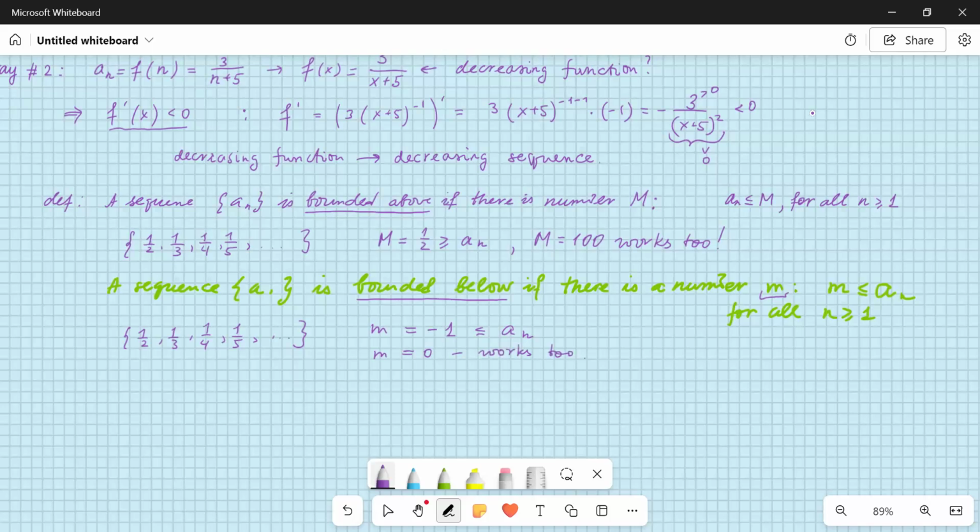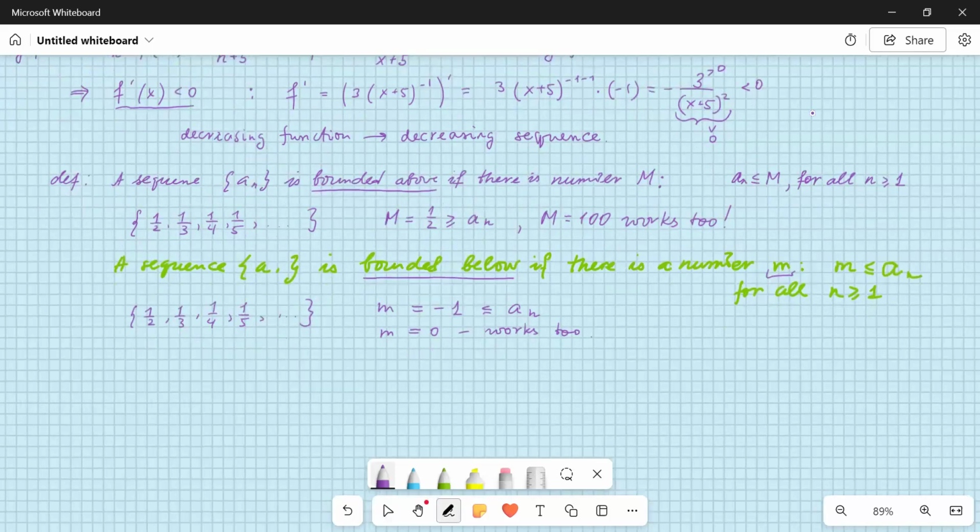Interestingly, the very same sequence is bounded above and bounded below. Sequences like these are called just bounded. Maybe the next part of my definition: if a_n is bounded below and above, it is called just bounded.